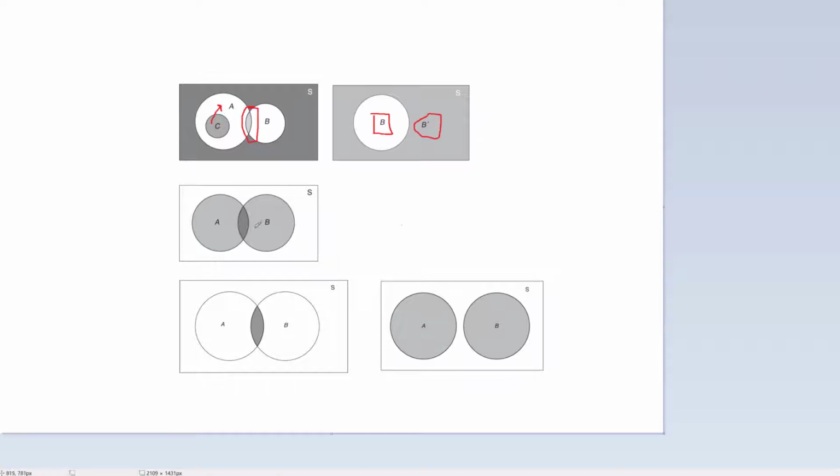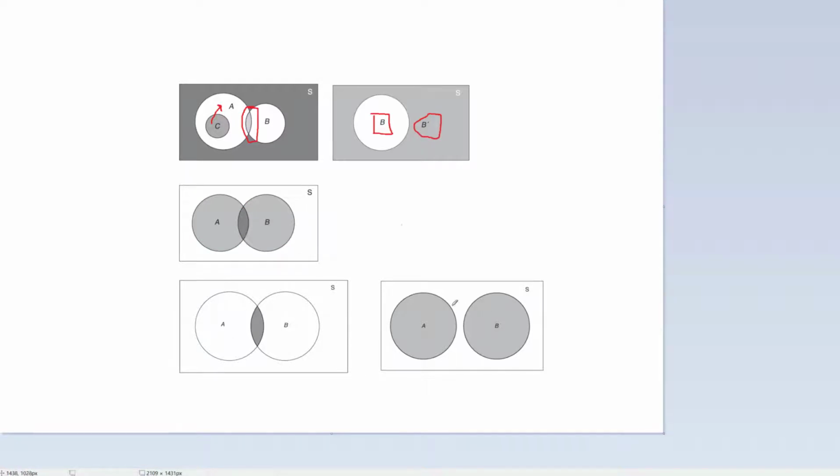In this example, you can see that we have overlapping areas. That means this is the intersection. We also can talk about the union of two events. The union of two events will be these areas, A and B, but you cannot count the intersection area twice.